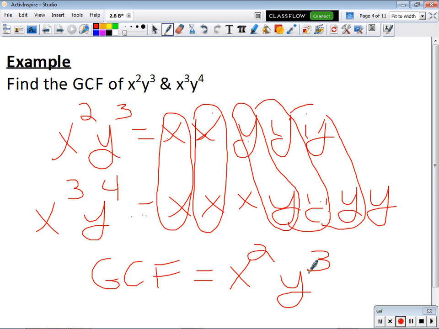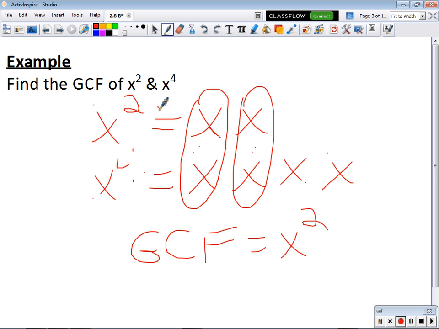One of the things I want to point out to you is a shortcut with the variables. When you're comparing two variables, the variable with the lower exponent is the GCF. So if you have x squared and x to the fourth, the GCF would be x squared, since that's the lower of the two exponents.